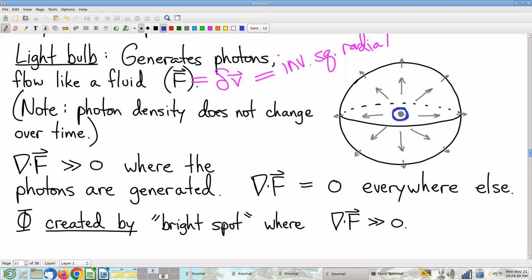How many of the photons go through that little sphere? All of them. Right? Again, that's the nice thing about if you have any surface that contains the bulb, the flux, how many lumens is that bulb, is all you need to know. How many photons is it producing? All of them are going to pass through your surface. So I'm going to call that a relatively high amount of flux.